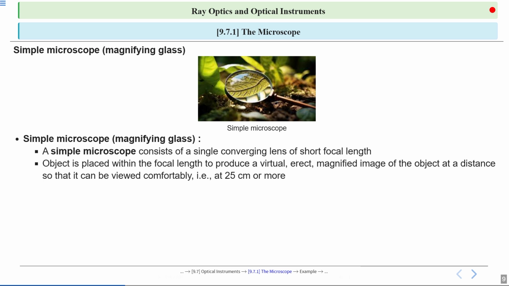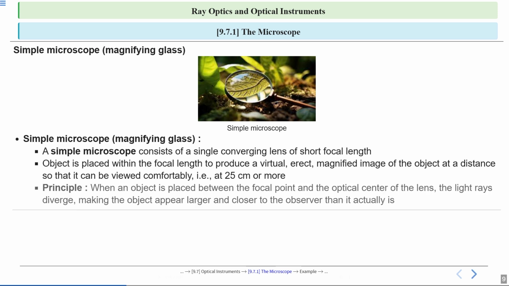So the object is placed within the focal length of the converging lens used in the simple microscope. Then the image is formed at a distance of 25 centimeters, which is called the near point or least distance of distinct vision, or more than this distance.